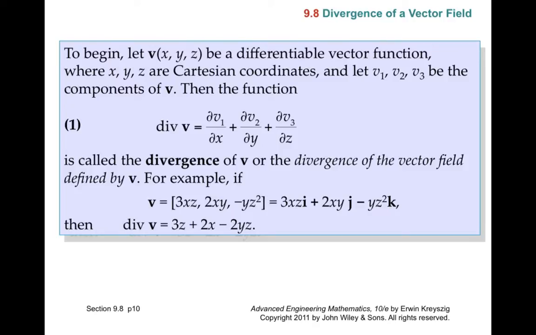So divergence measures rate of change along the orientation of the field lines. If a field is exclusively pointing in the x direction, then you're looking at how the electric field changes along the x direction.